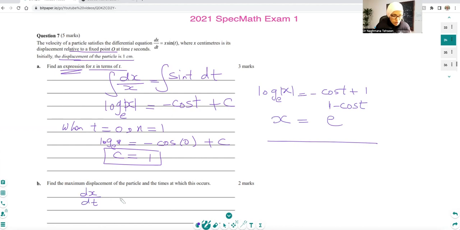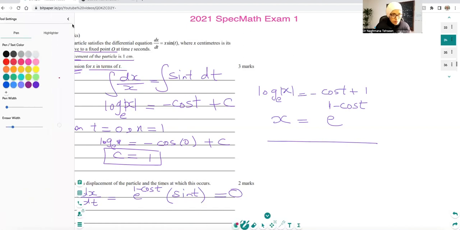Our x is e to the power 1 minus cos t, so dx over dt is equal to e to the power 1 minus cos of t, and then the derivative of negative cos is sin t. And then we set this first derivative equal to 0, because that's how you find the maximum or the stationary point.